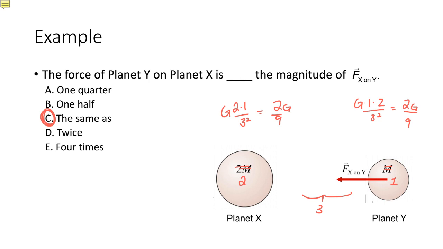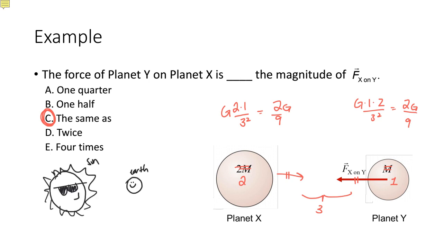These are equivalent forces, and that makes sense because for every action, there's an equal and opposite reaction. So as planet Y applies a force on planet X, planet Y will experience that same force. What that also means is that the sun applies an equal force on the Earth that the Earth applies on the sun.